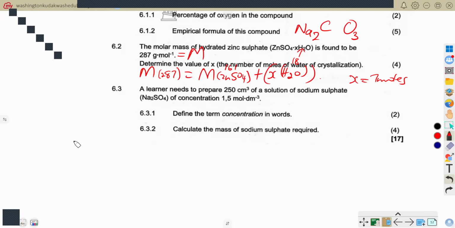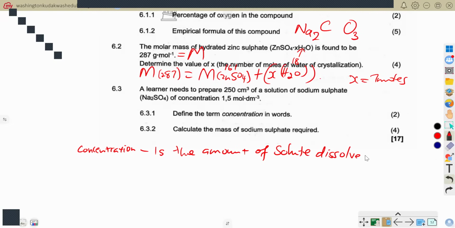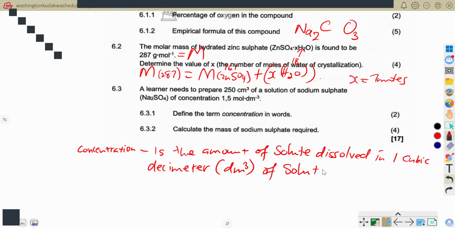So to define concentration, you would have said: concentration is the amount of solute dissolved in 1 cubic decimeter of solution. That is what we refer to as concentration.